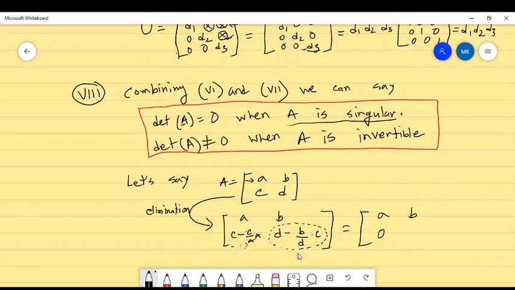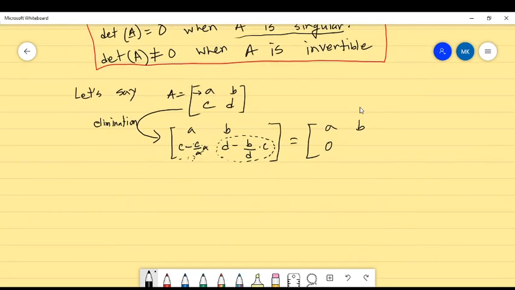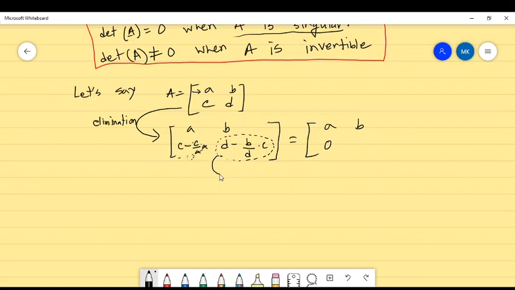It should be d minus c by a into b. Yeah, I think it's okay now. You multiply something, which in this case is c by a, with the first row and then subtract it from the second row, so it would be d minus c by a into b.